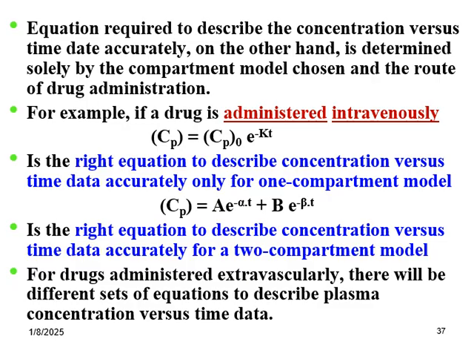Nothing else, solely by the two. For example, if a drug is administered intravenously, you use the equation below. Cp equals Cp0 e to the negative Kt. K is the rate constant. Okay, rate constant.